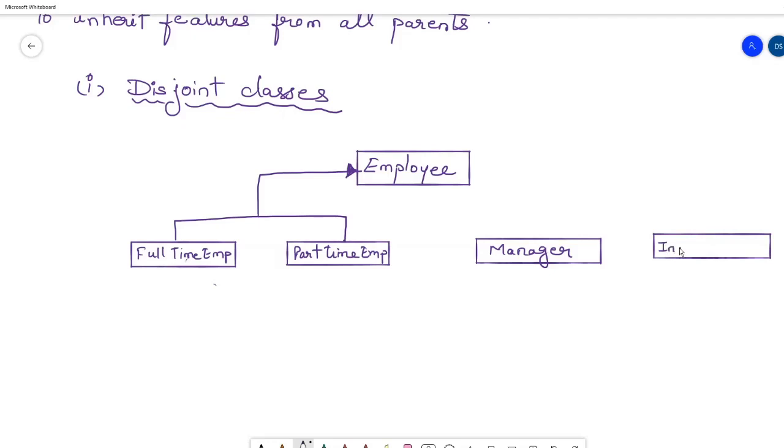I'll name it an individual contributor. So an employee can be a manager at a single time or an individual contributor, but cannot play both roles at the same time. These are called disjoint classes.